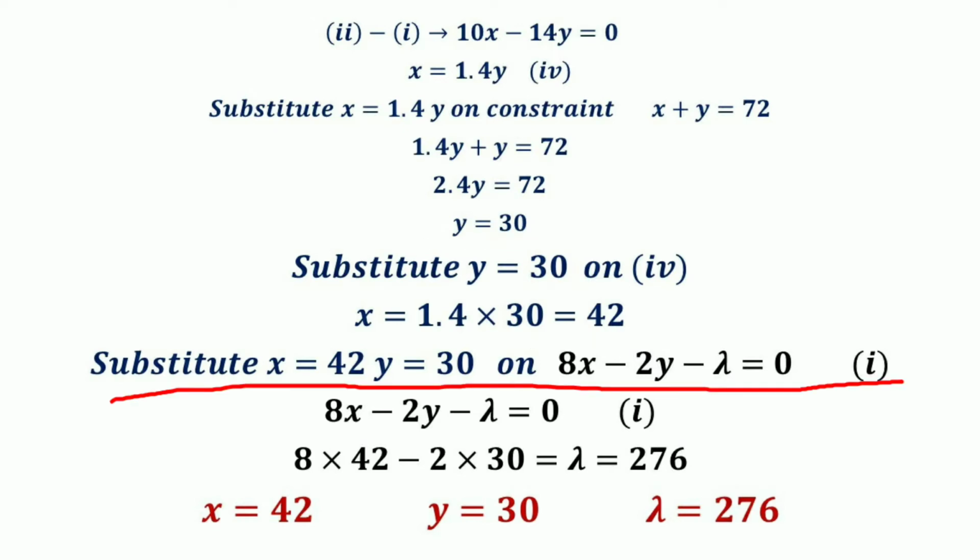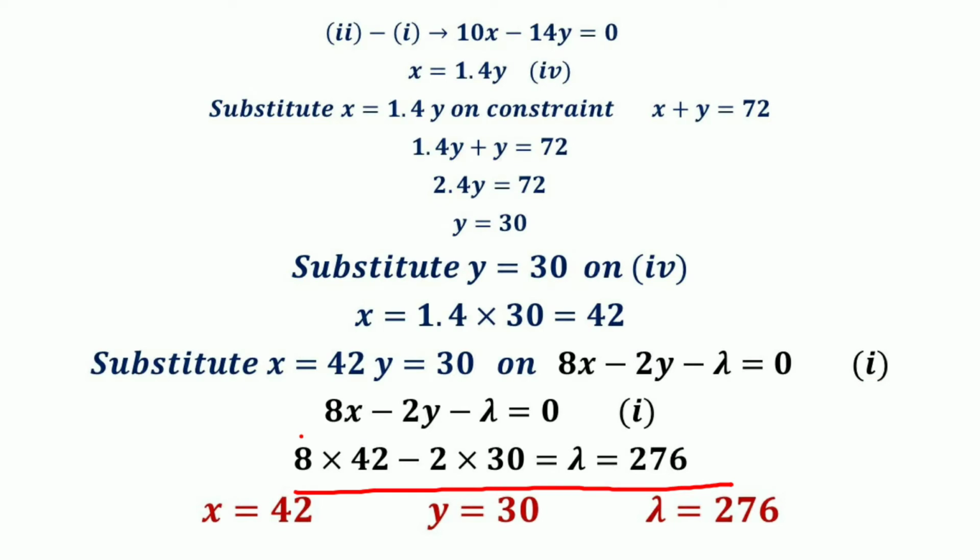Substitute these values into equation number 1, that is 8x minus 2y minus lambda, in order to find the value of lambda. So if you substitute the values x is equal to 42 and y is equal to 30, then the value of lambda will become 276.